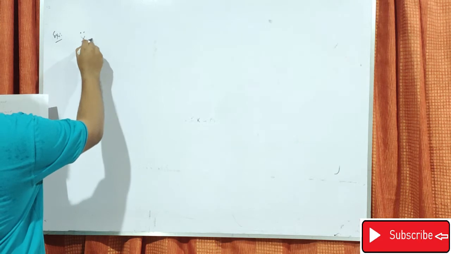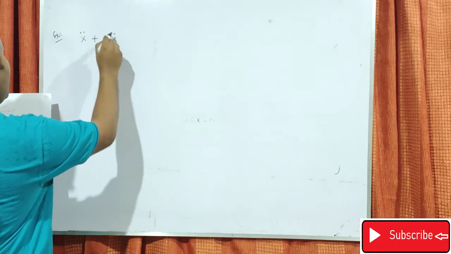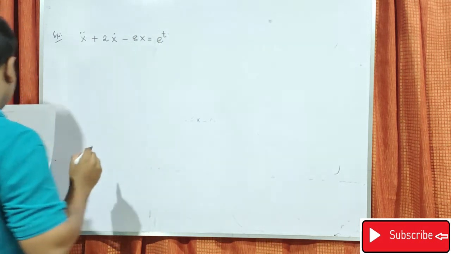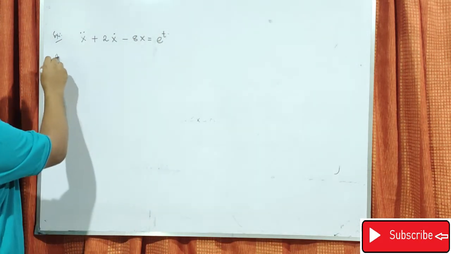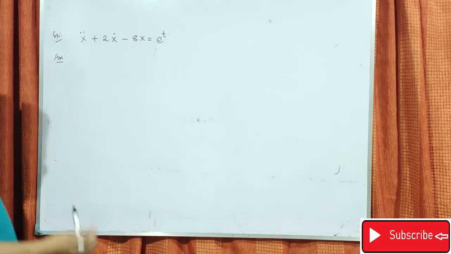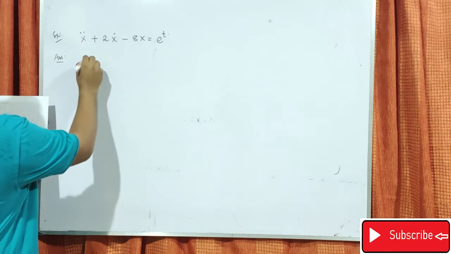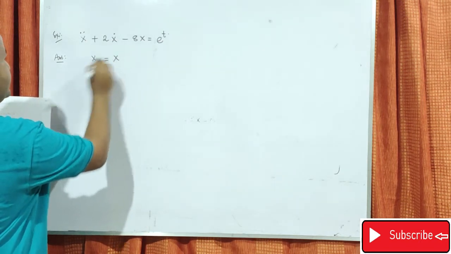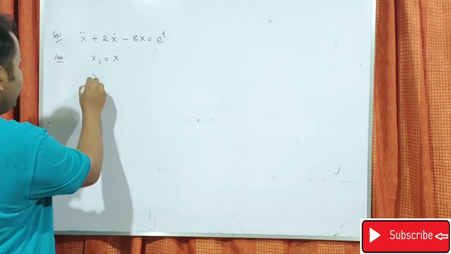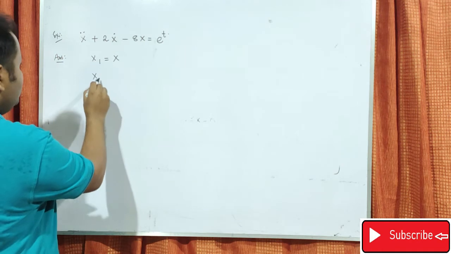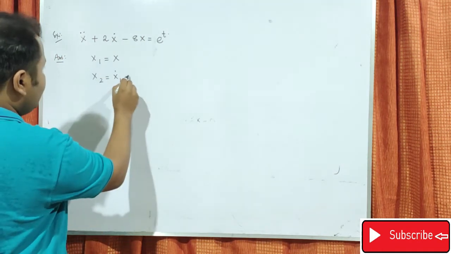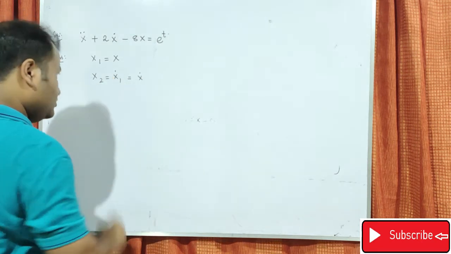x double dot plus 2x dot minus 8x equals e power t. So here what we'll be doing, we try to convert this into a system of equations like the previous one. So we set x1 equals x. The x you have to assign to some variable, and x2 equals x1 dot. Now x1 dot means basically it is x dot also.